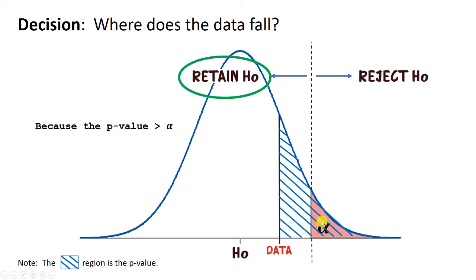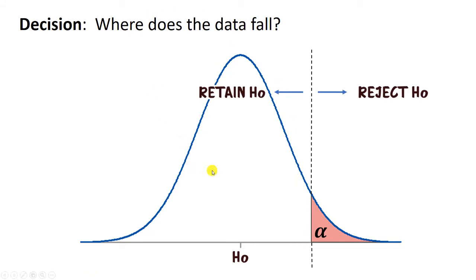Here's another situation. We have a bell curve, we have an alpha given. It's going to say anything to the right, we reject. If the data falls to the left, we retain the null hypothesis. So suppose the data falls over here to the right. That means we would reject the null hypothesis. Just put the little blue lines there to accentuate the p-value there. It's the blue shaded region, sort of striped region.